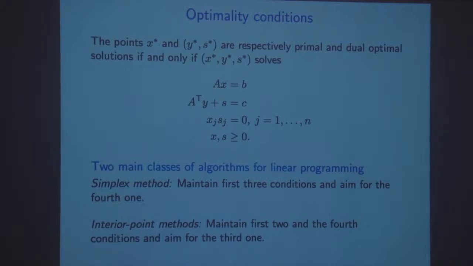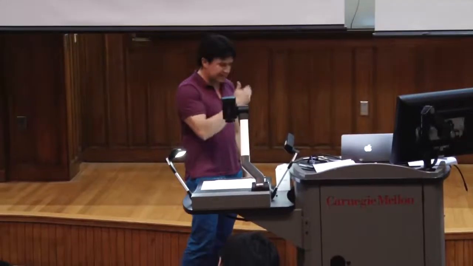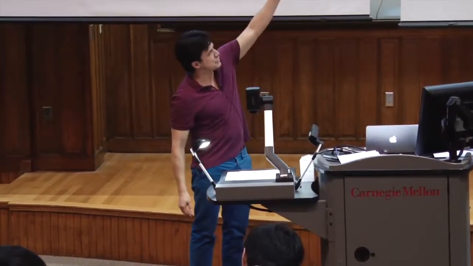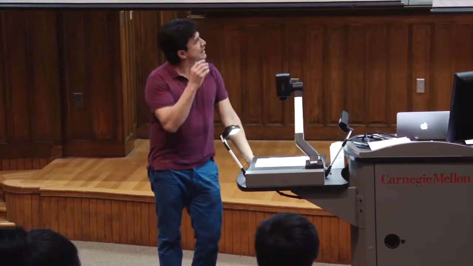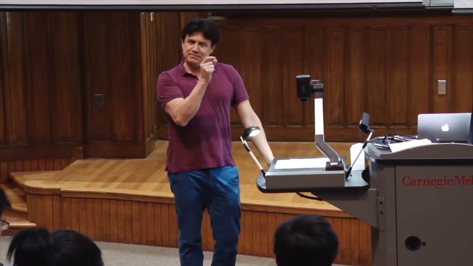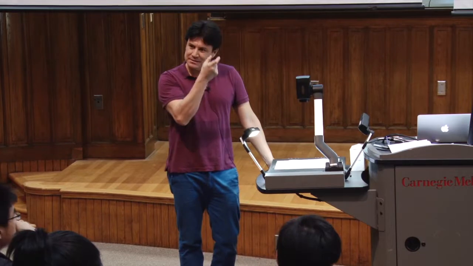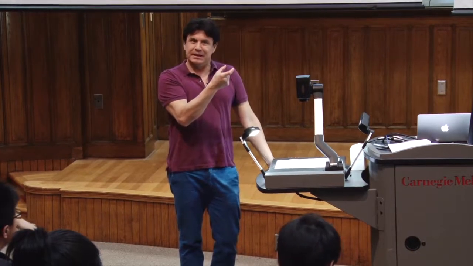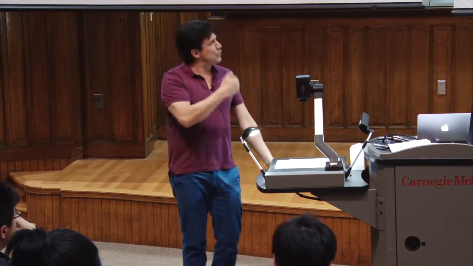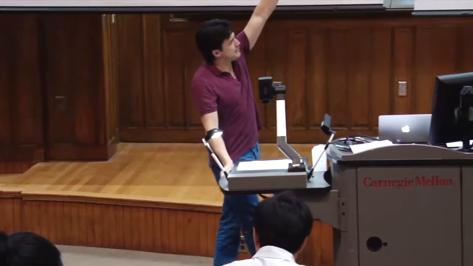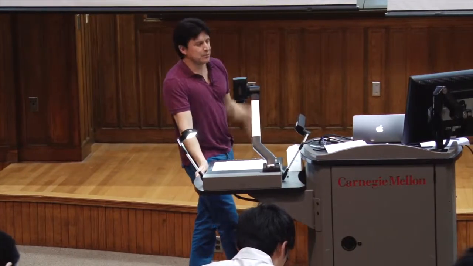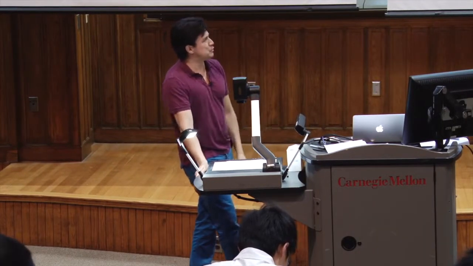You can think about both algorithms as a systematic procedure to try to solve those equations and those inequalities. The simplex method essentially maintains the first three conditions, but the iterates may violate the fourth condition. And then it systematically goes through different steps until it realizes that I can match the first three conditions and the last. When that happens, then it has found an optimal solution.